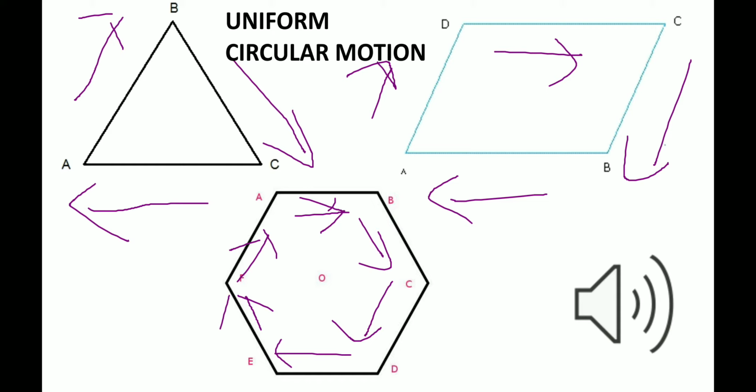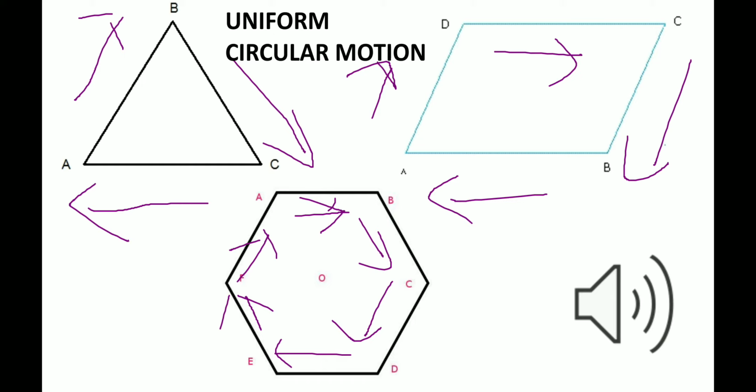Now here, I have a triangle. Suppose I start moving from point A in the direction of B along the line of the triangle.